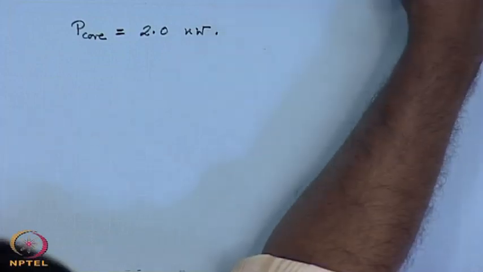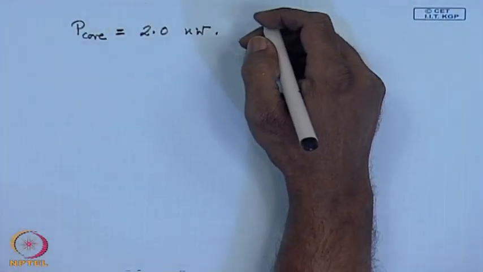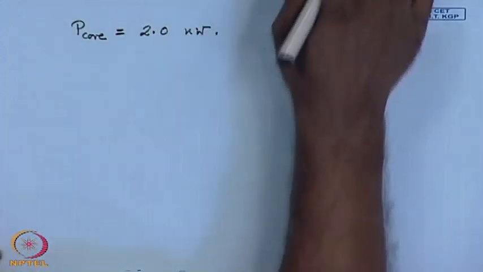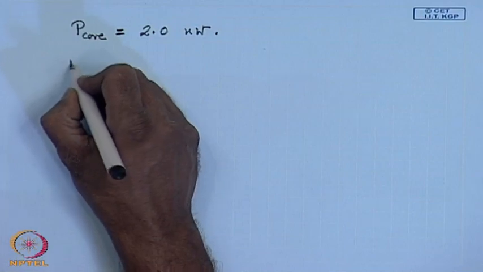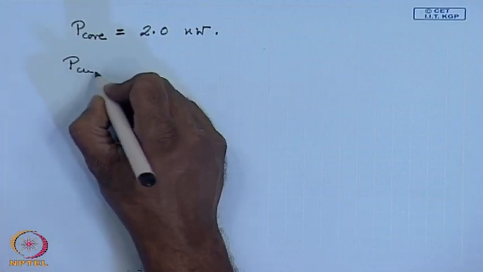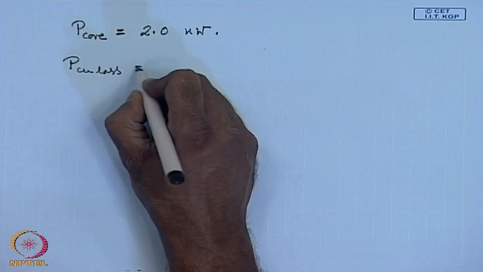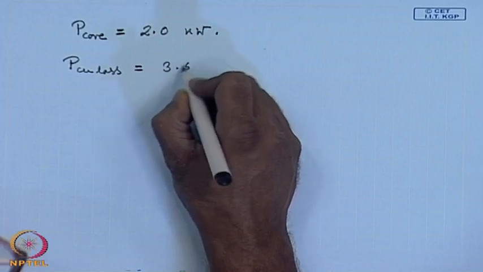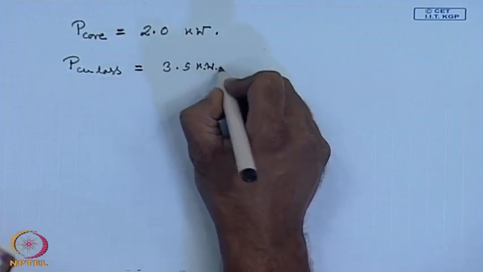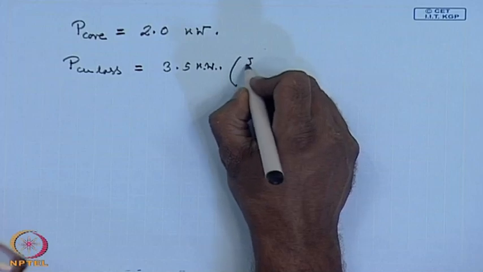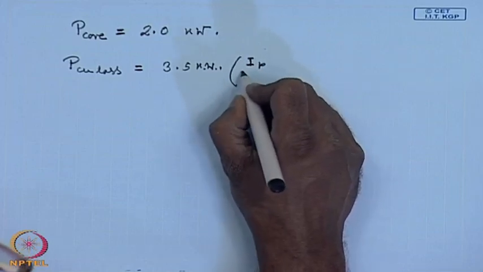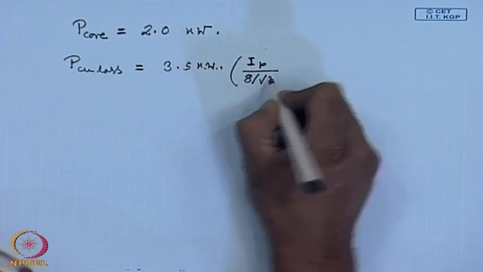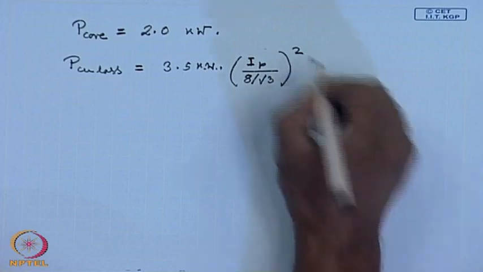Therefore, the copper loss at any operating condition is equal to 3.5 kilowatt into the load current I p divided by 8 divided by root 3, whole square.